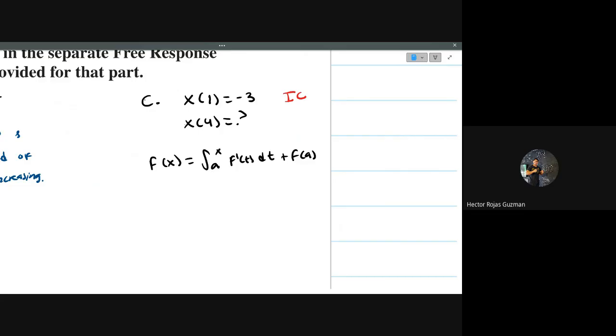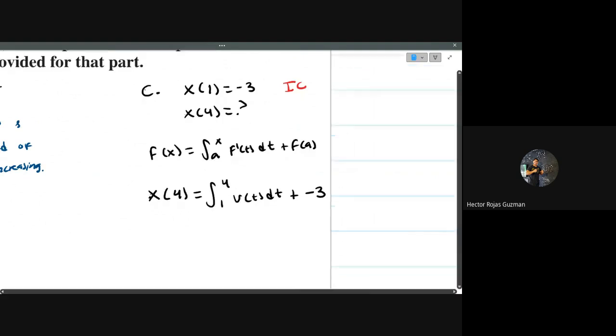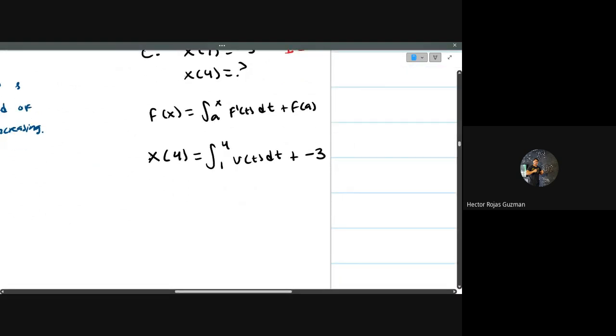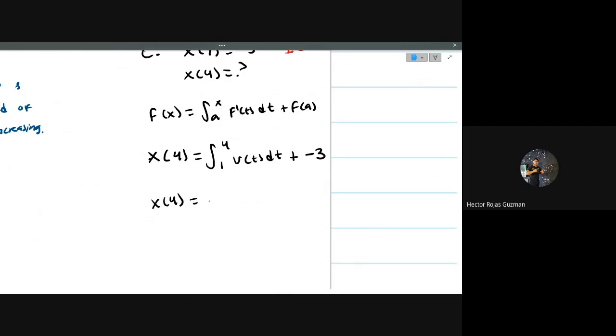We are using different functions here, so I'm going to change them. My position function is x. X of 4 equals the integral from 1 to 4 of the velocity v of t dt plus the initial condition. This setup is enough for you to show your work. Go ahead and plug it into the calculator, and we get -2.803. That's the position of the particle at 4.